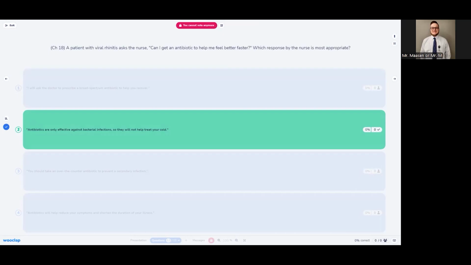It's in the name. So this will not help treat your cold. We can treat your symptoms for your cold. You'll have to let it run its course, that kind of thing. This is important for education. This is still an education point for people. So if you're talking about upper respiratory conditions, typically it's related to the common cold, rhinitis, and you want to really make sure you educate patients appropriately.